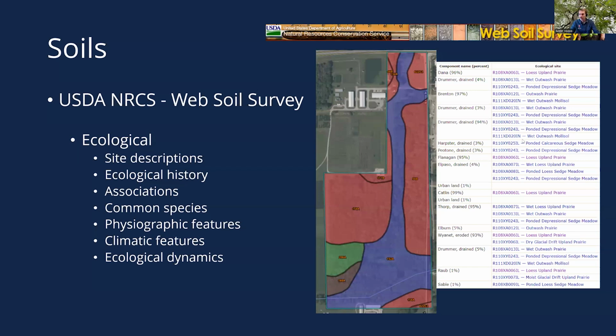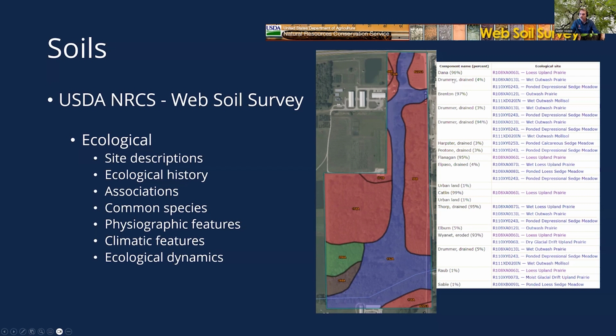Like I said, a Dana silt loam doesn't tell me a whole lot as a restoration ecologist because of my lack of knowledge. But now I have this map which classifies and relates each of these soil types to a very specific ecological site context, which I can more easily understand.